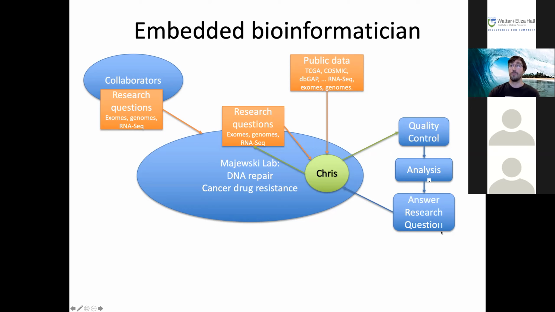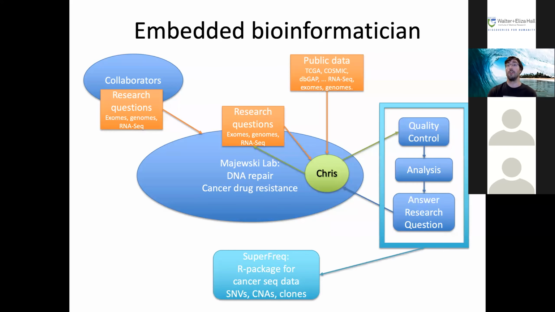So what we've been doing over the years is collecting all of these different steps into our package that's called SuperFreq, and that's available on GitHub and so on. And this package is helping you with all of these 3 steps. It's doing the somatic SNP calling, the copy number calling, as well as the clonal tracking. And this is a little bit different from a normal method that's usually doing one specific part of the analysis, right?